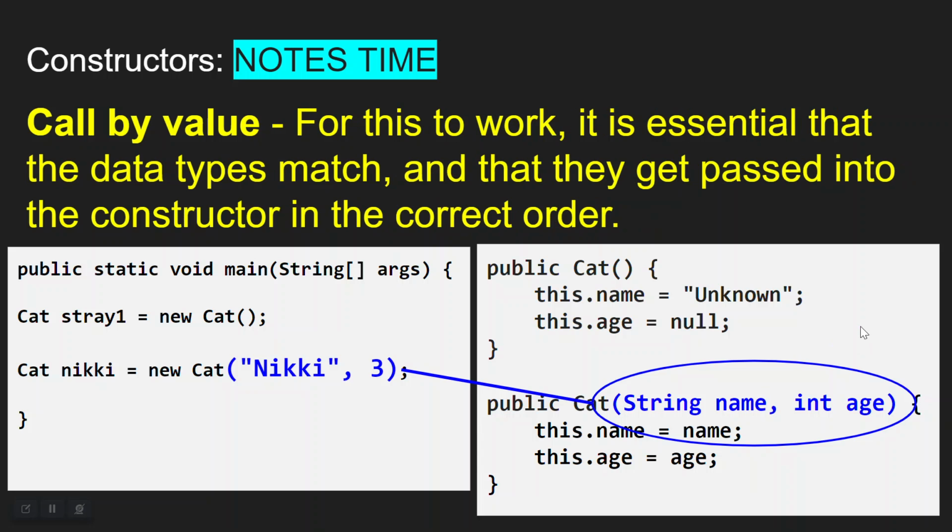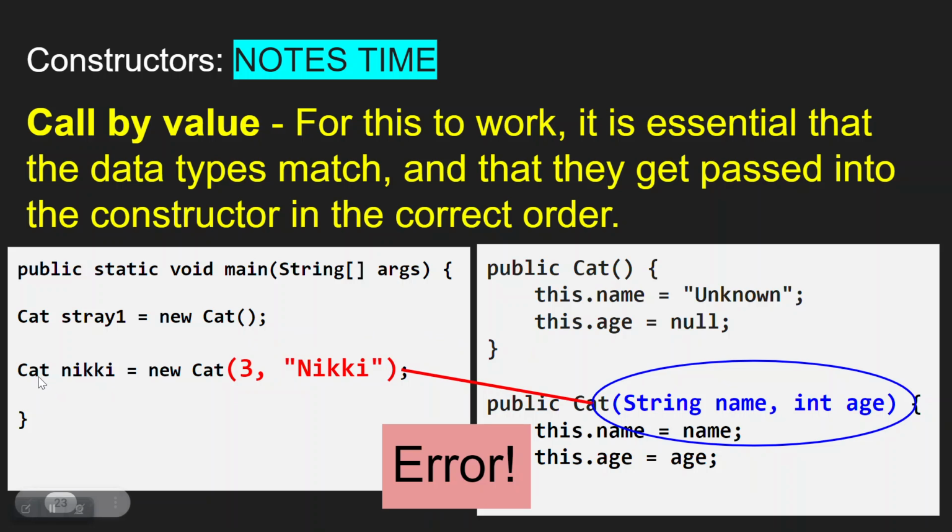And for this to work, it is essential that the data types match and that they get passed into the constructor in the correct order. So Nikki is a string, 3 is an int, that matches okay right here. So call by value is going to work just fine in this scenario.